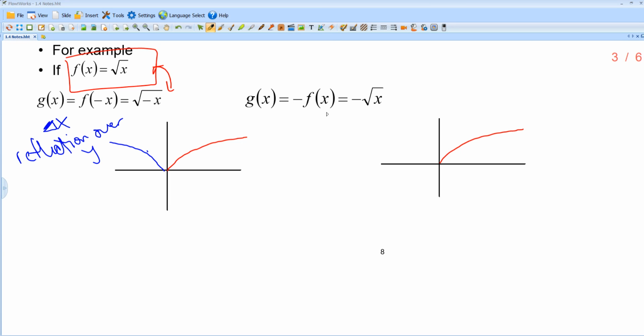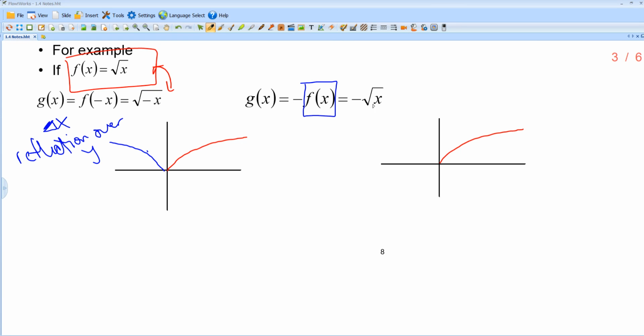Now in this case, g of x is equal to negative f of x. So it's equal to the opposite of the whole original function. What that means is, let's say I put in 4 here. Originally, if I put in 4, I would get the square root of 4, which is 2.